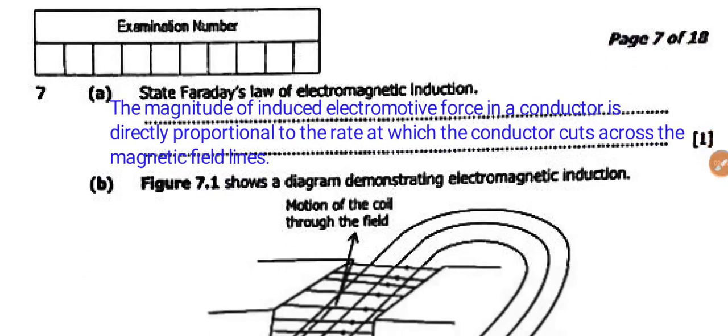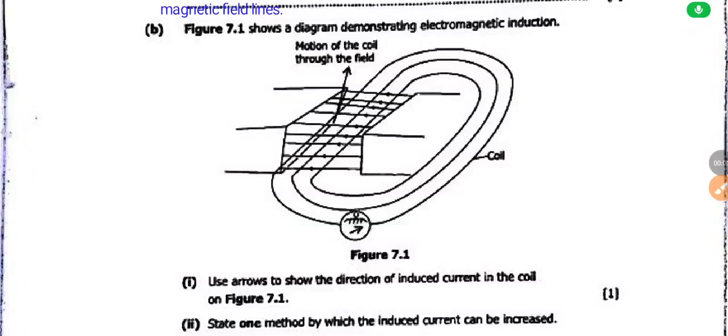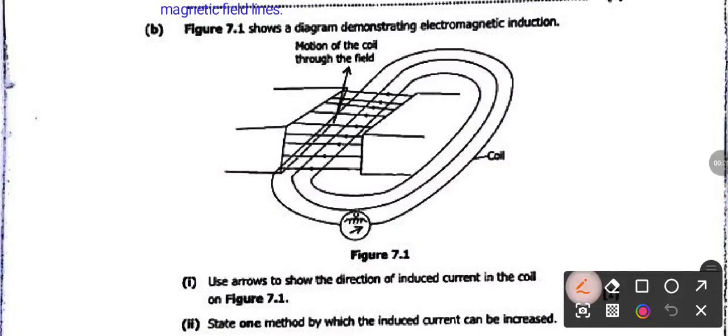Then question B says, figure 7.1 shows a diagram demonstrating electromagnetic induction. Question 1, use arrows to show the direction of induced current in the coil on figure 7.1. In order for us to predict the direction of the induced current, we should use Fleming's right-hand rule.